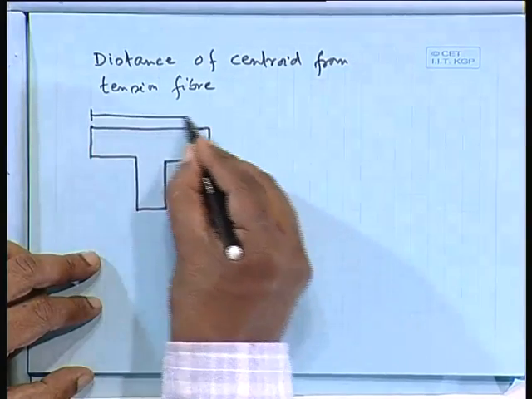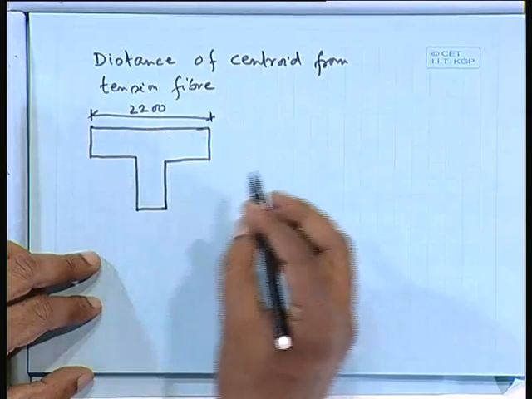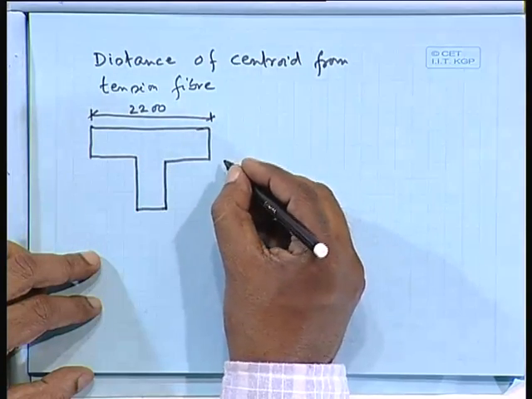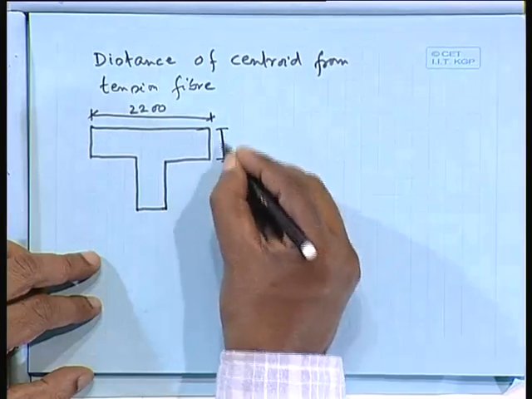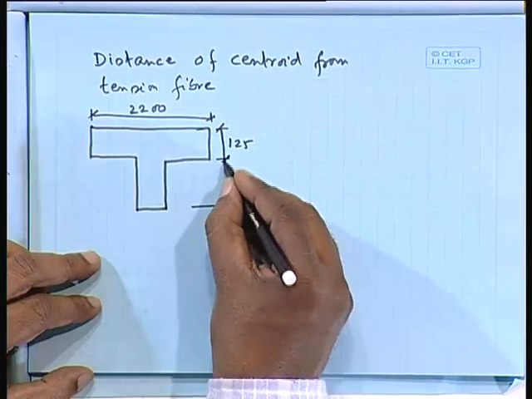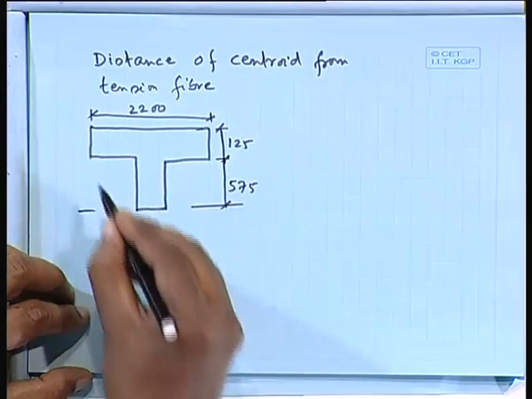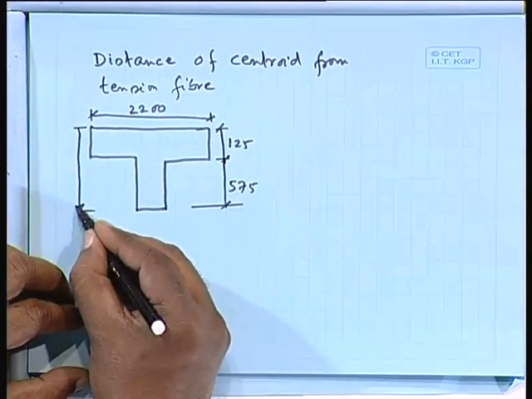So, this is your 2200, this one your 125, this is 575, and the overall depth is 700 for the section which you are using.